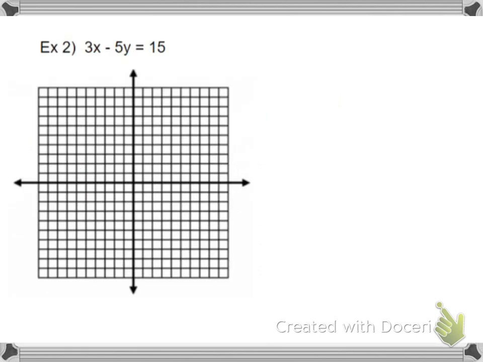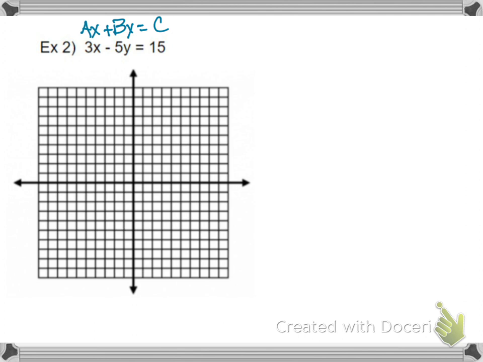The second example is 3x minus 5y is equal to 15. That equation is in standard form, ax plus by equals c. Now, you could manipulate the equation and solve for y to get it in y equals mx plus b form, or you can leave it in standard form and find your x and y intercepts.